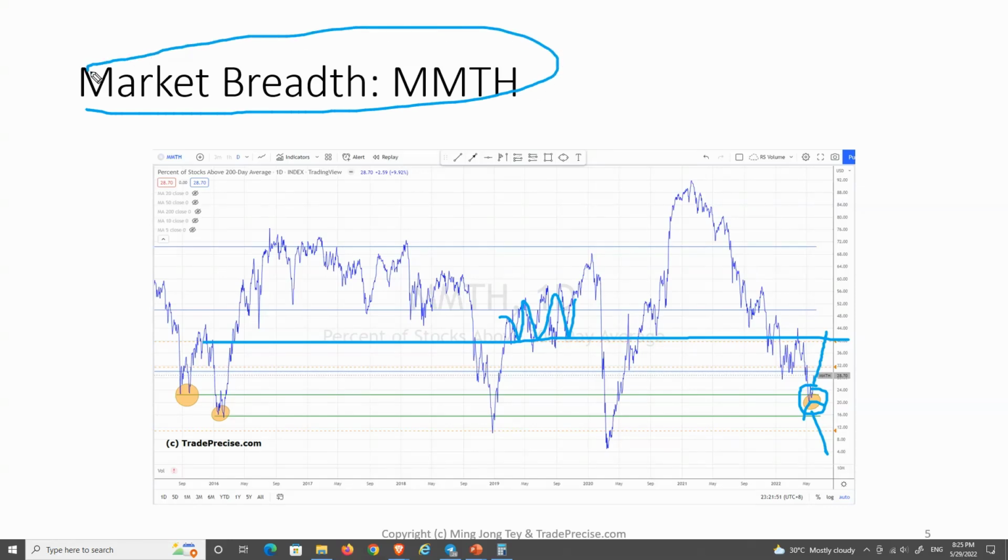Because for the health of the market, we definitely need an uptrend that is sustainable and healthy. And I think we need at least 40-50% of the stocks to actually participate in the bull run. Meaning I want to see 40-50% of the stocks above the 200-day MA. So I think that is quite crucial. So that's based on the market breadth.